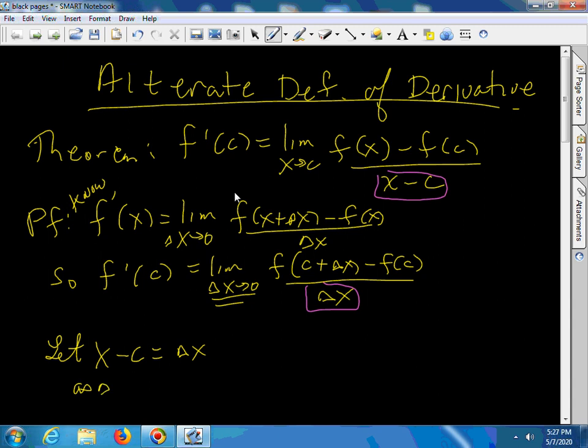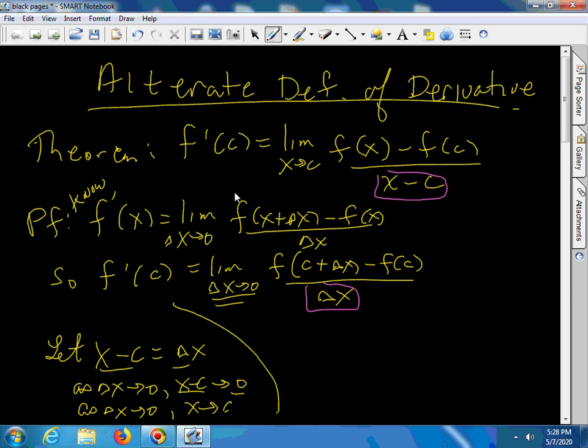So as delta x goes to 0, x minus c, which is delta x, goes to 0. That means x must be getting closer and closer to c.